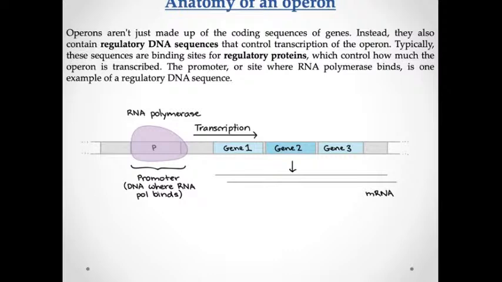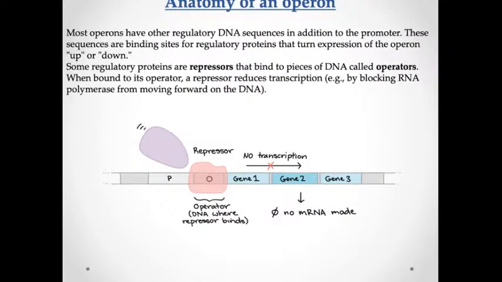So this is how your operon looks. You have a promoter, you have gene 1, 2 and 3, and whenever the RNA polymerase is attached to the promoter, transcription happens. But in some cases, operons also have, in addition to the promoter, an operator, to which a repressor is attached.